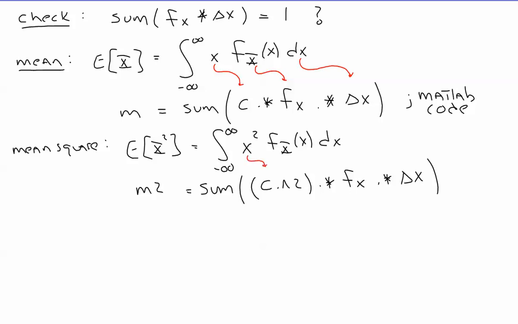So x squared is estimated by squaring my bin centers. Once again, my PDF is estimated by my PDF estimate, and delta x is estimated by delta x. That'll give me a very good estimate of my mean squared value. All right. And lastly, variance.